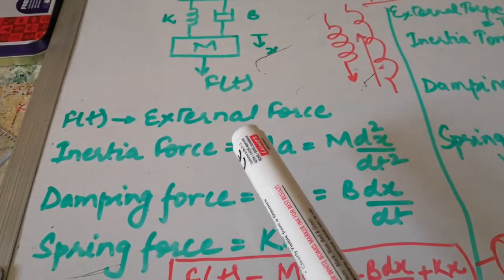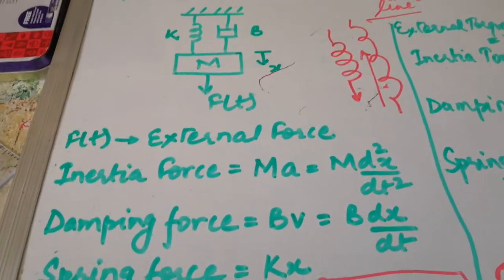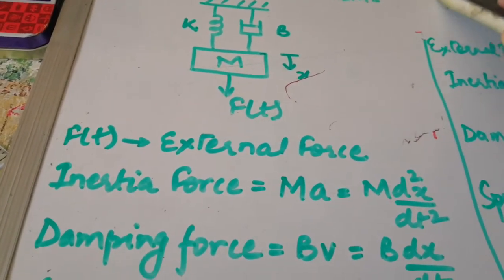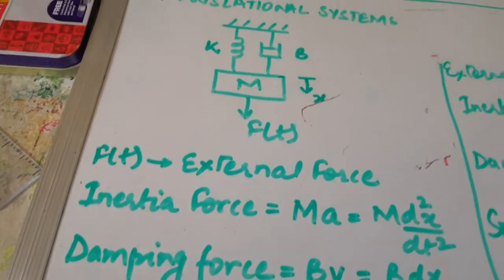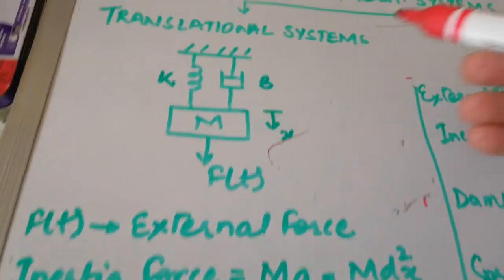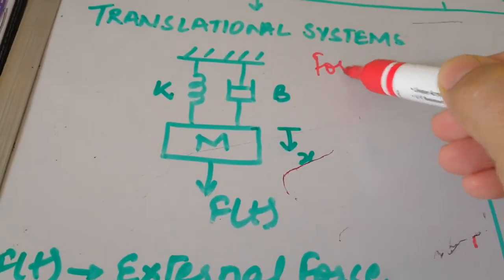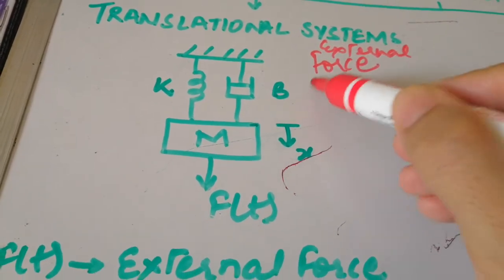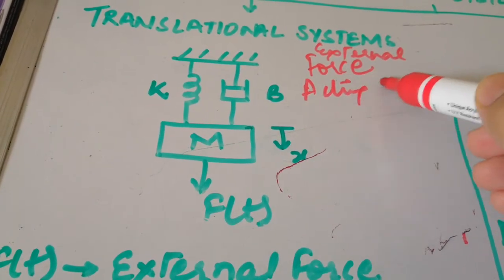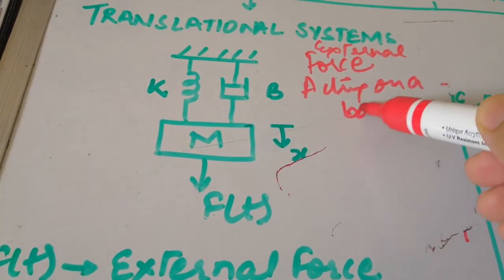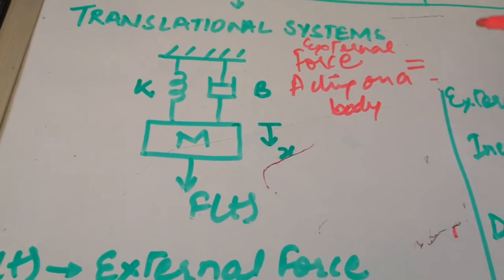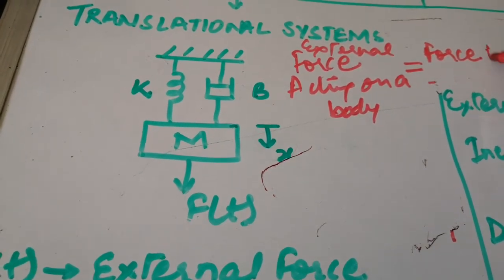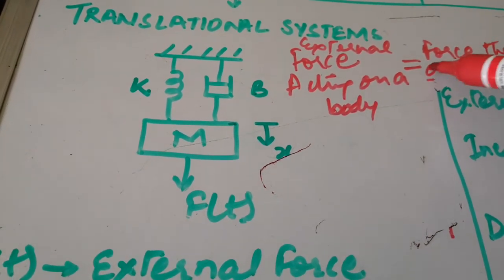And so depending on all these forces, we have D'Alembert's principle, which says that the external force acting on a body is equal to the forces that oppose motion.